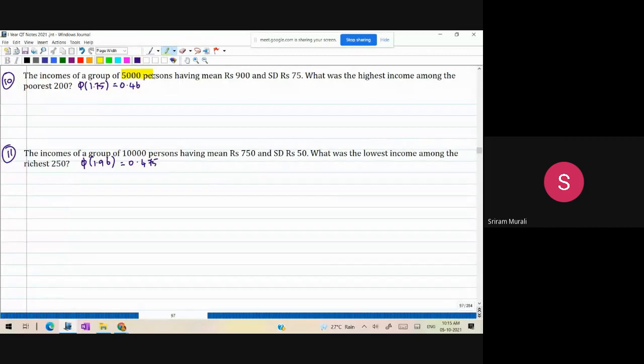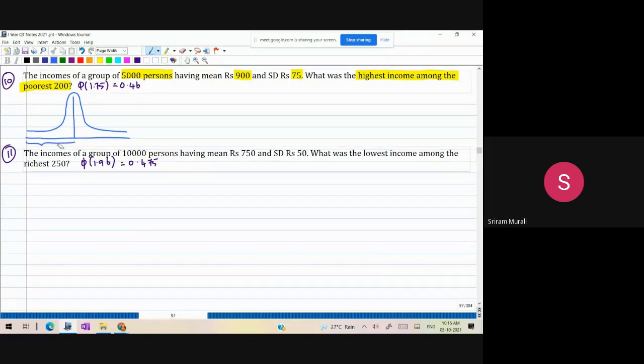The income of 5,000 persons, their average salary is 900, SD is 75. What is the highest income among the poorest? First draw the normal diagram. Poorest will come in the left hand side.